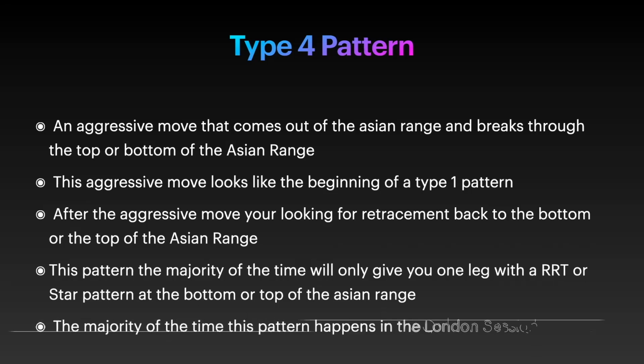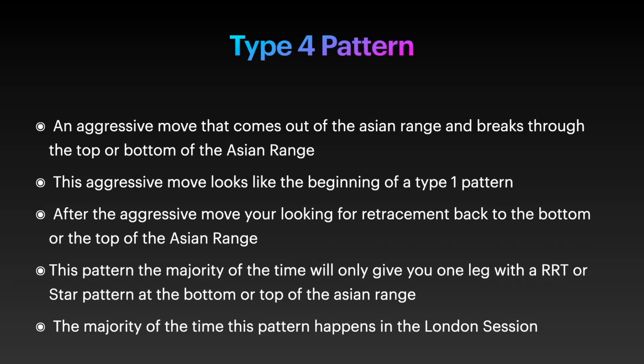Now, this specific pattern, the majority of the time, only happens during the London session, because the characteristic of this pattern is that the move starts super early in Asia and it directly goes into the London session.